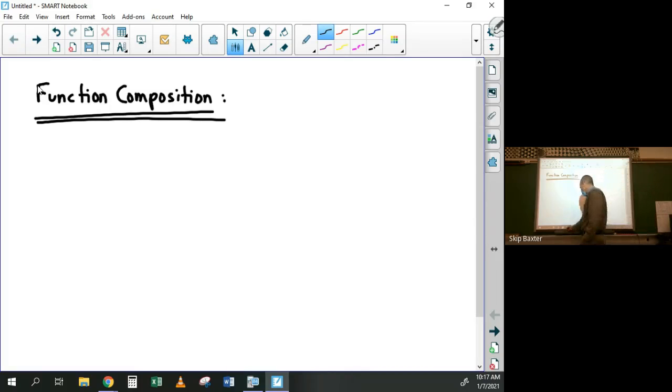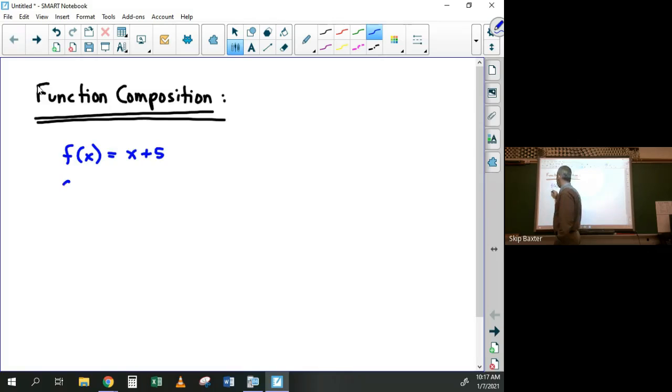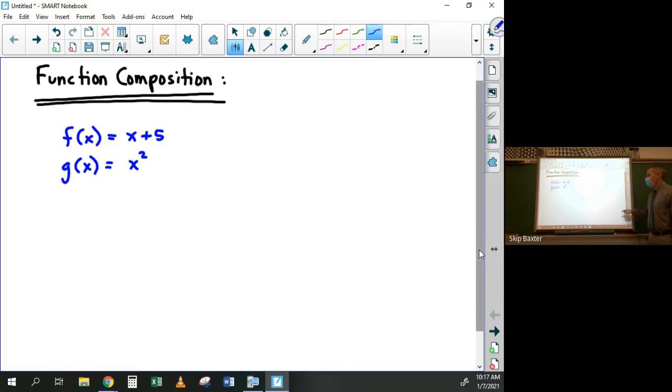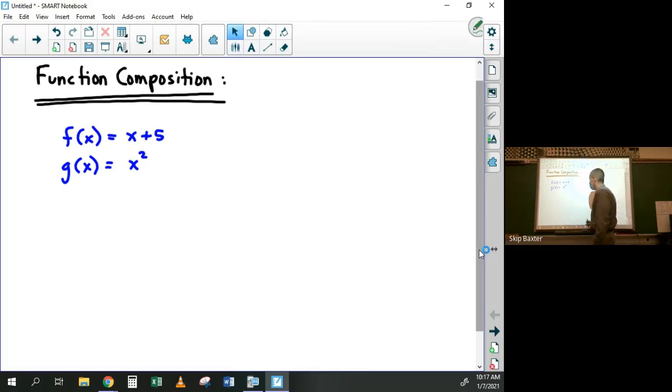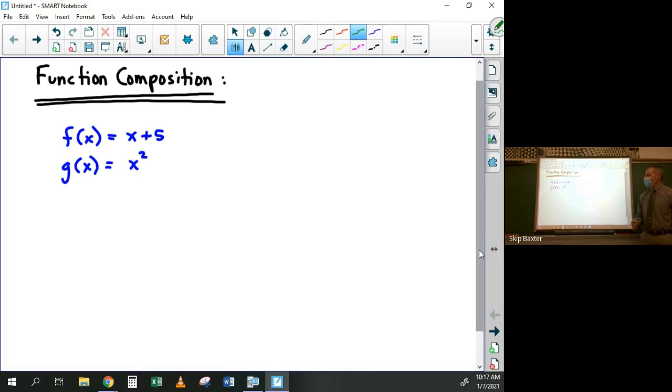If you have two functions, for example, suppose f of x equals x plus 5, and g of x equals x squared. Function composition is just evaluating a function at another function.